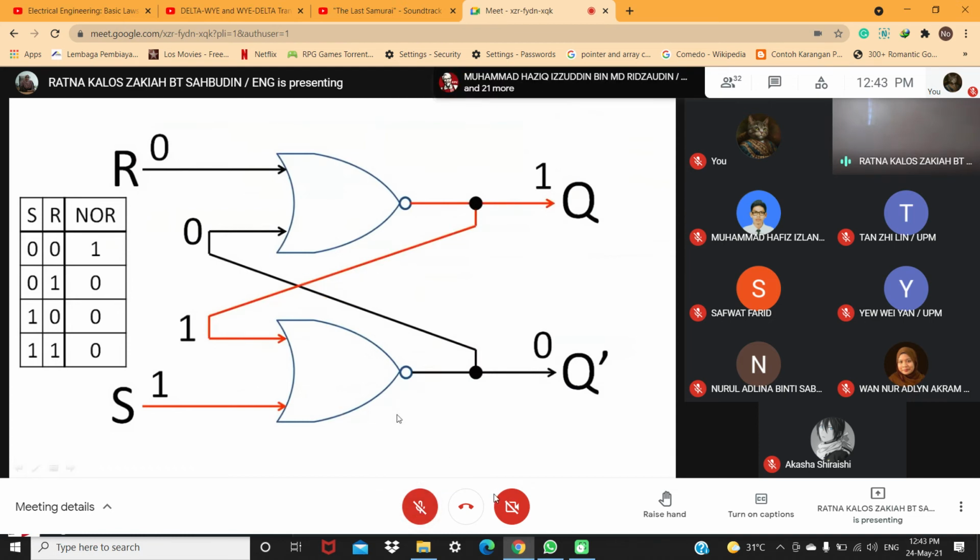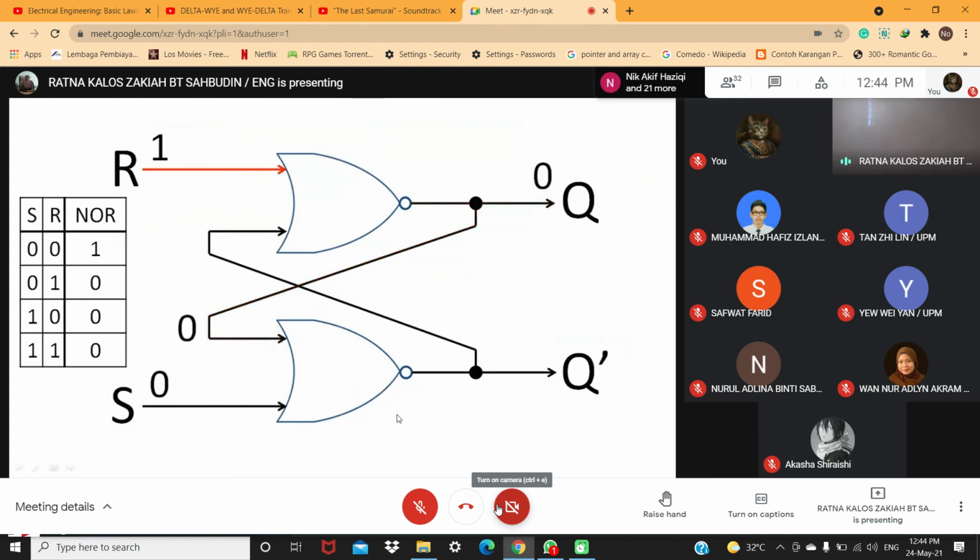Let's change S to 0. When both S and R are 0, both Q and Q prime will hold their values. Now, let's change R to 1. Because R is 1, the state will reset to 0.